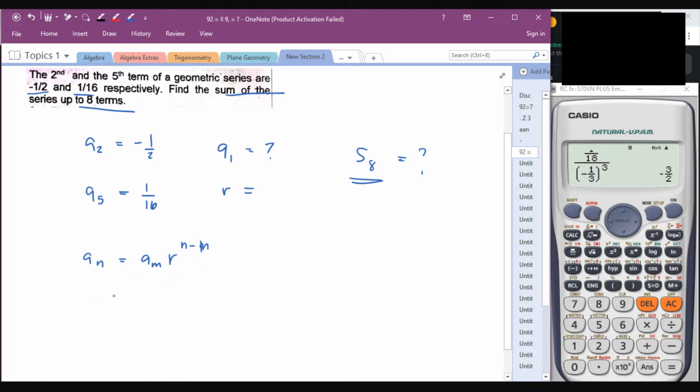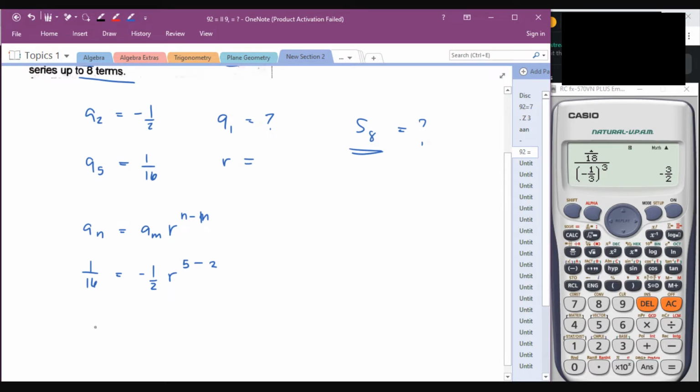So, dito, AN is 1/16 equal to AM negative 1 half multiplied to R raised to 5 minus 2. So, R cube ulit. R cube is equal to 1/16 divided by negative 1 half. Kunin natin yung cube root.